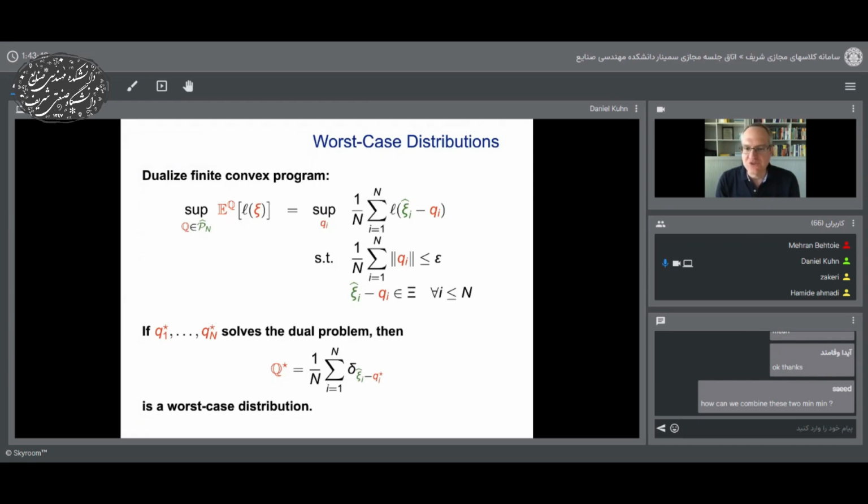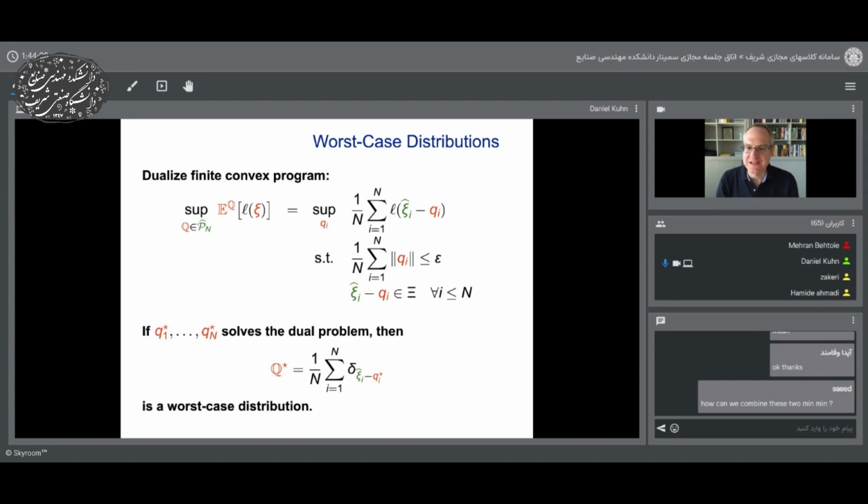Now, the dual problem is shown here on this slide. And this has a very nice interpretation. It can be interpreted as a version of our worst case expectation problem, which evaluates the worst case expectation only over discrete distributions. And each of these discrete distributions places a probability of 1 over n on a perturbed training sample.